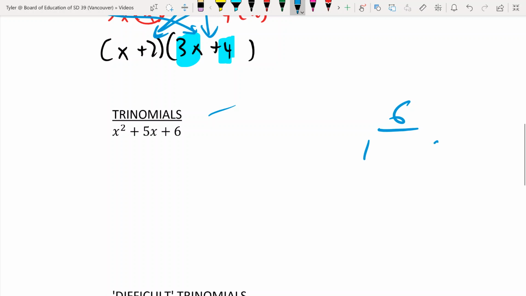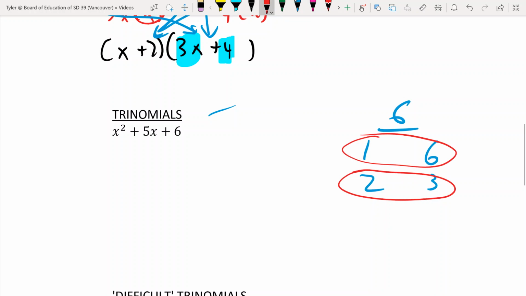So I'm going to say, okay, 1 times 6, 2 times 3. That's it. I usually go by numbers 1, 2, 4, 5, anything that fits. And then once you start getting to numbers and start looping around, you know you're done. So now I need to look at these pairs, so either 1 and 6 or 2 and 3, and figure out which one's going to add to 5. Well, the answer is obviously this one, 2 and 3.